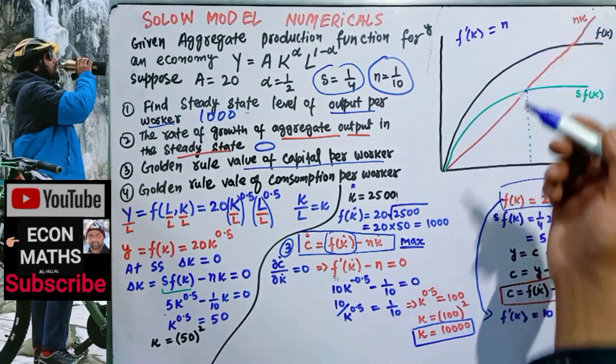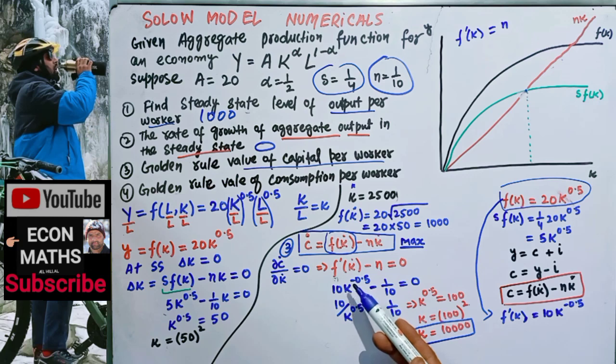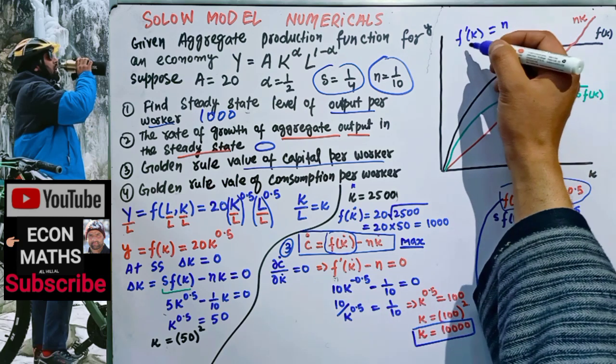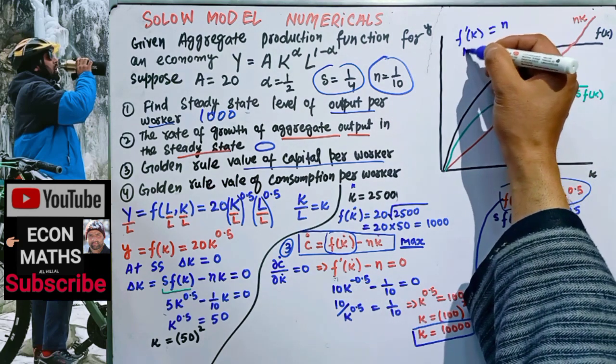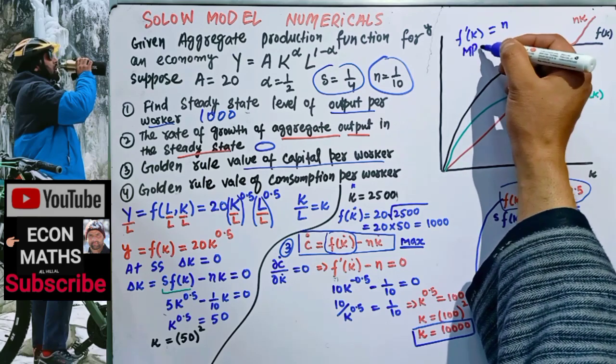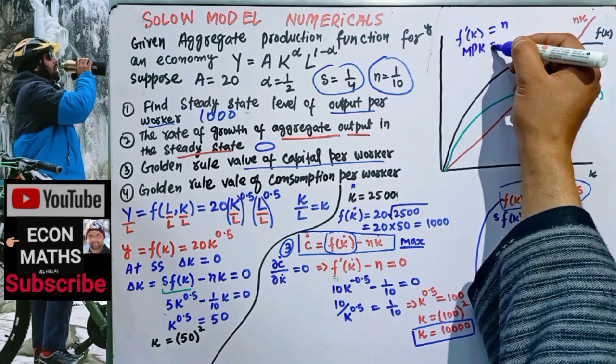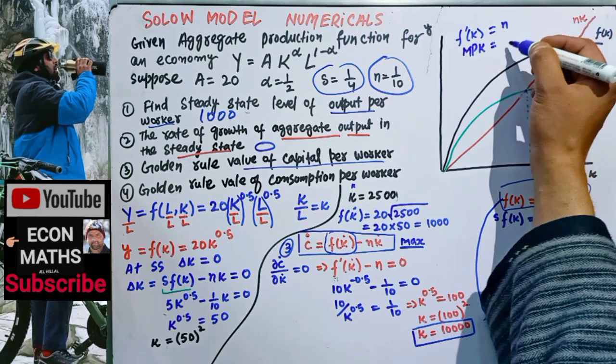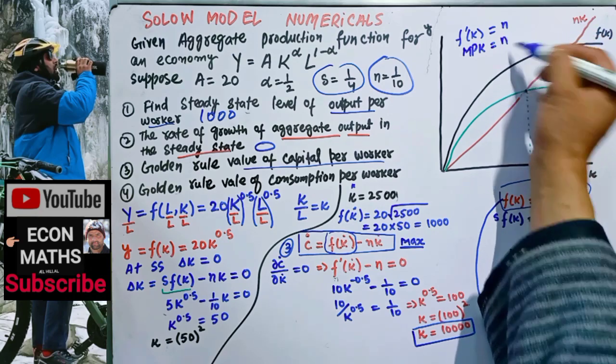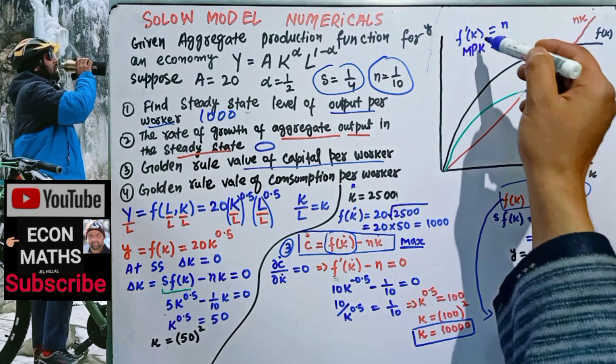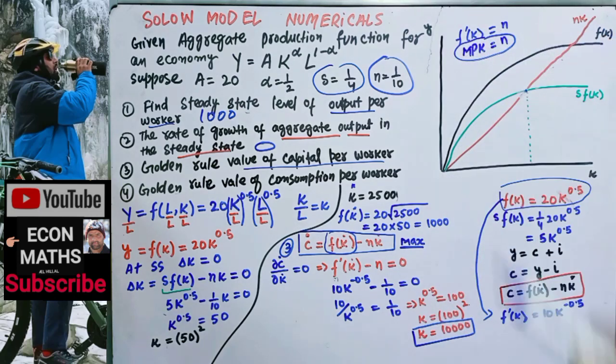That means at the golden rule level of capital per worker, f'(k), the marginal product of capital, should be equal to n, our population growth rate. So it should be equal to the population growth rate.